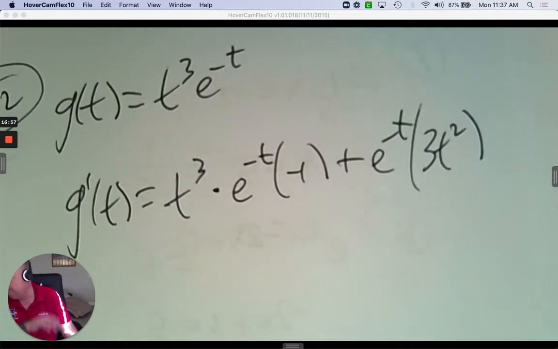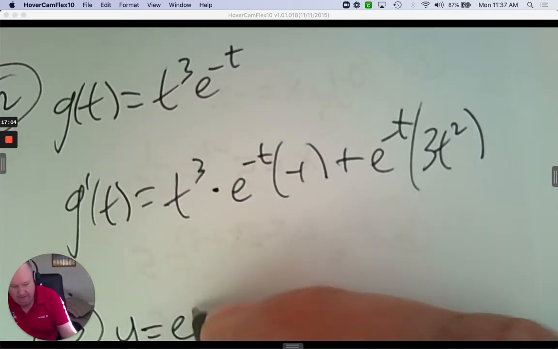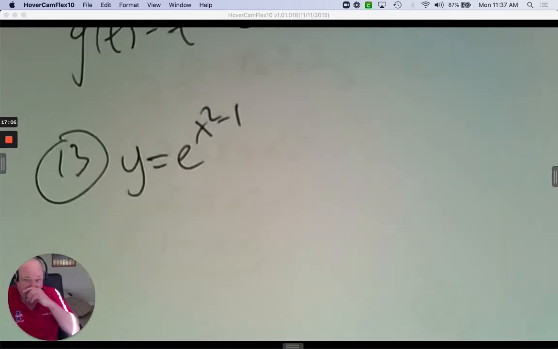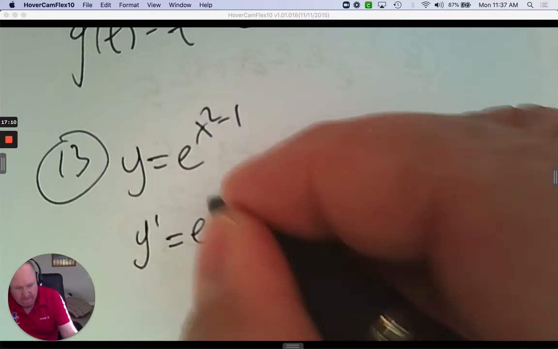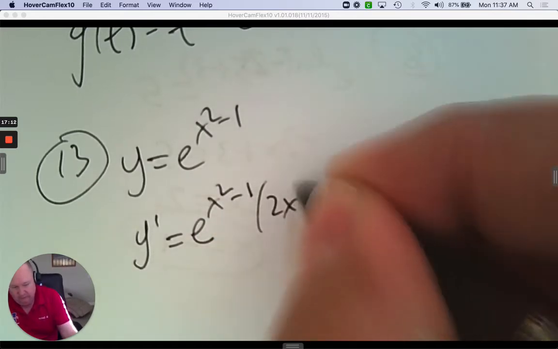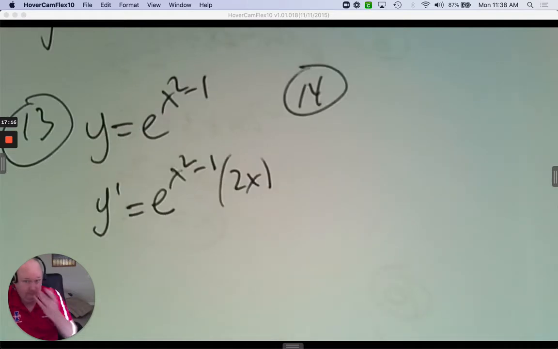Number 13. y equals e to the x squared subtract 1. Take the derivative of this. That's e to the x squared subtract 1 times 2x. That's it.